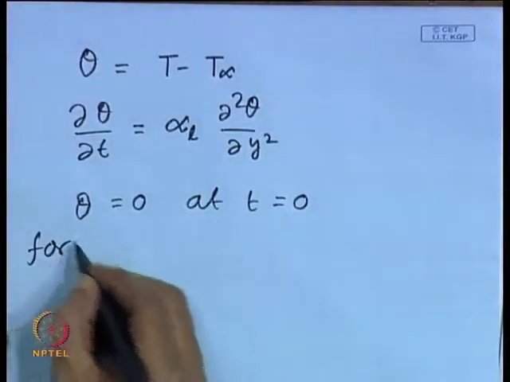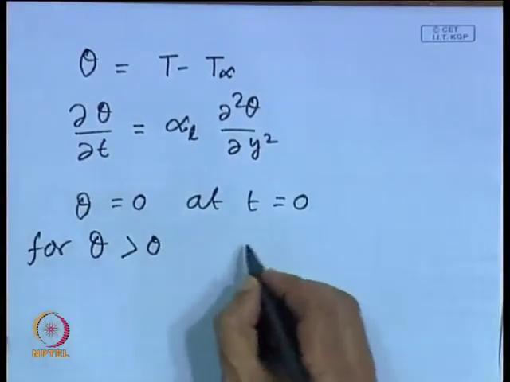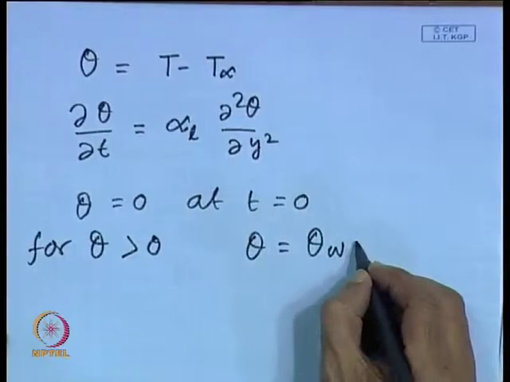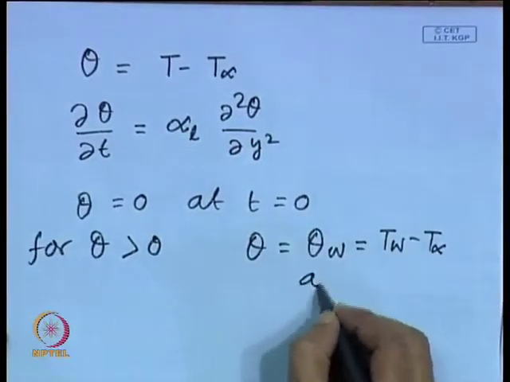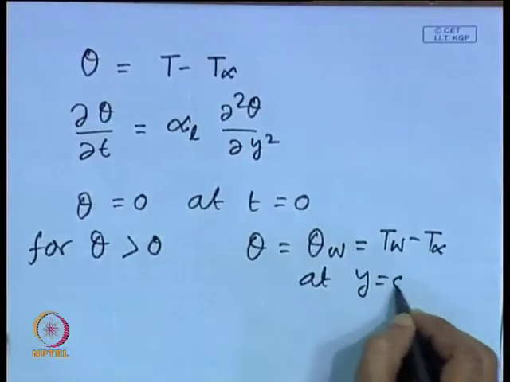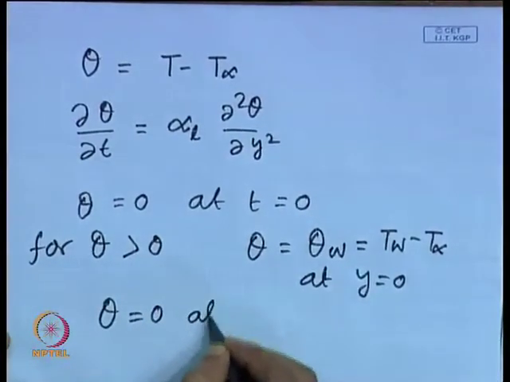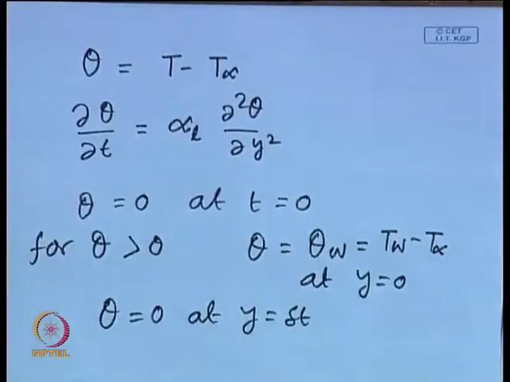For t greater than 0, what we will get? Theta is equal to theta w, that means it is T w minus T infinity at y is equal to 0, and theta is again equal to 0 at y is equal to delta t, at the edge of the boundary layer.